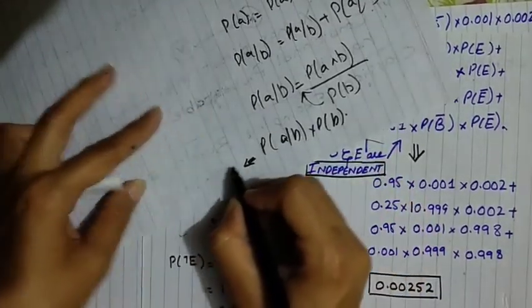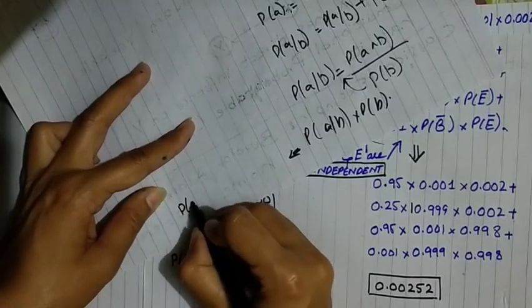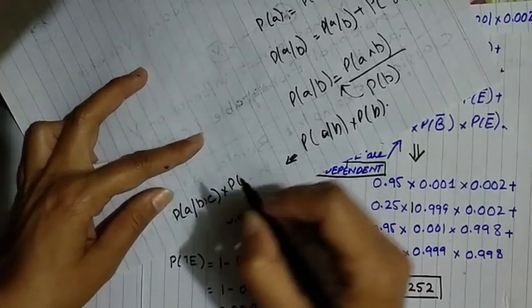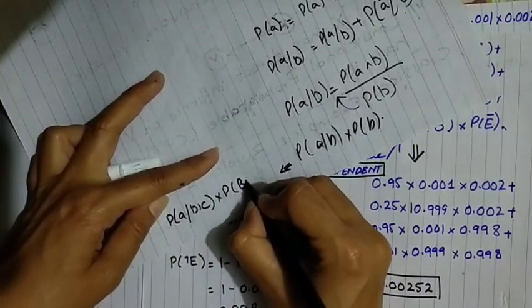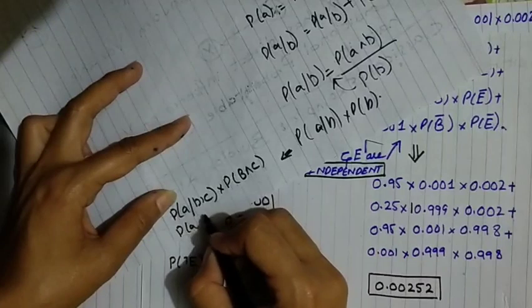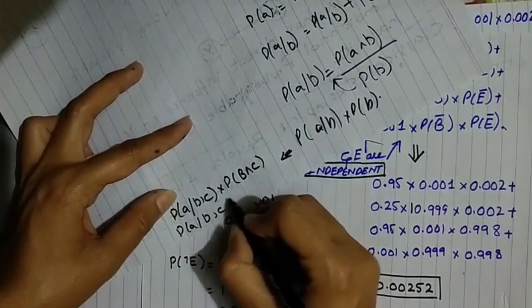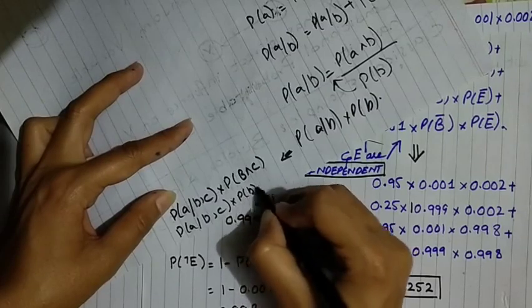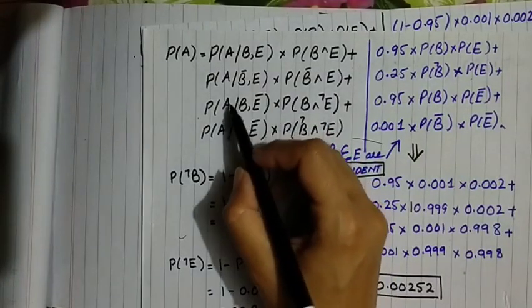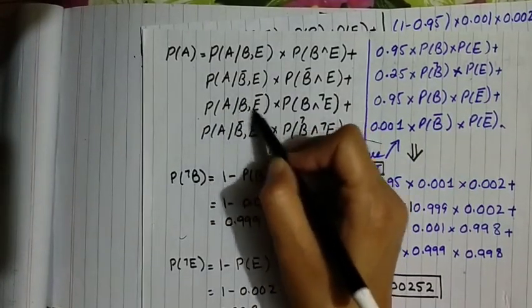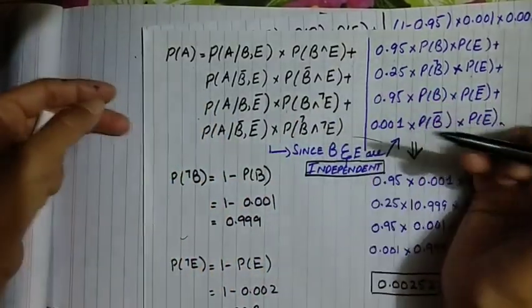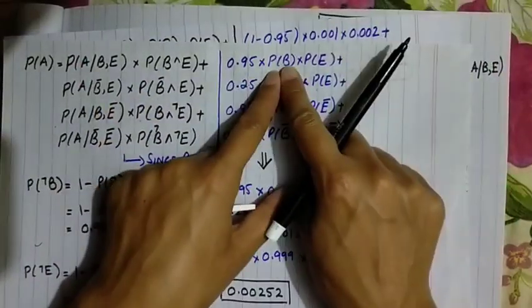So if I consider this on the basis of two variables, it becomes probability of A given that B comma E into probability of B and E, or that could be written in this way as well, since they are not dependent on each other. So that would be probability of A given that B comma E into probability of B multiplied with the probability of E. So here it is for the condition in which burglary is true and the earthquake statement is false. The same is the case here. Likewise, we will expand this further for everything.